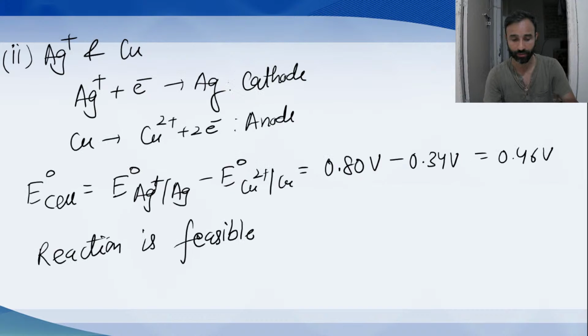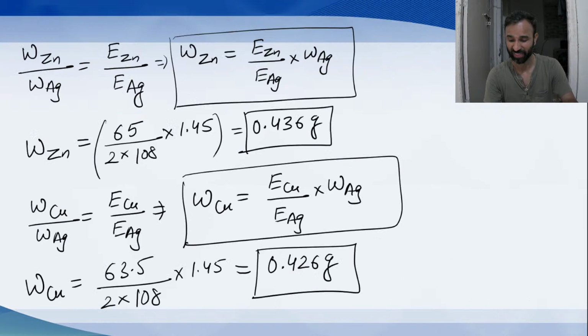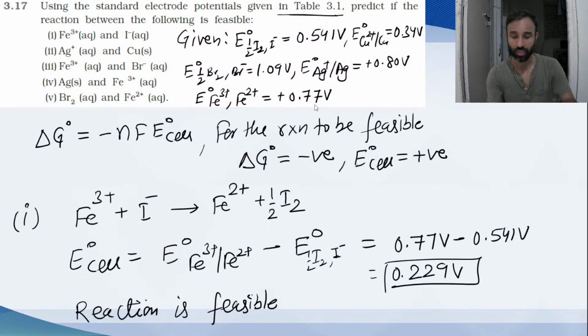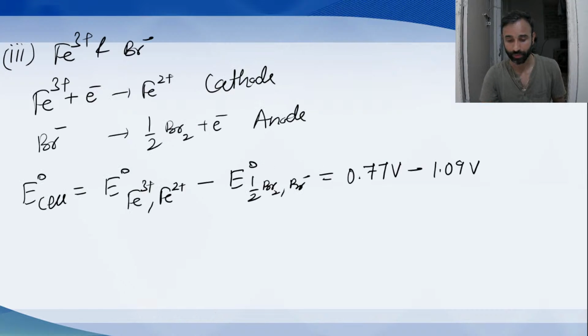Am I right? Yes, 0.77 volt and 1.09 volt. So this value comes out to be negative, minus 0.32 volt.